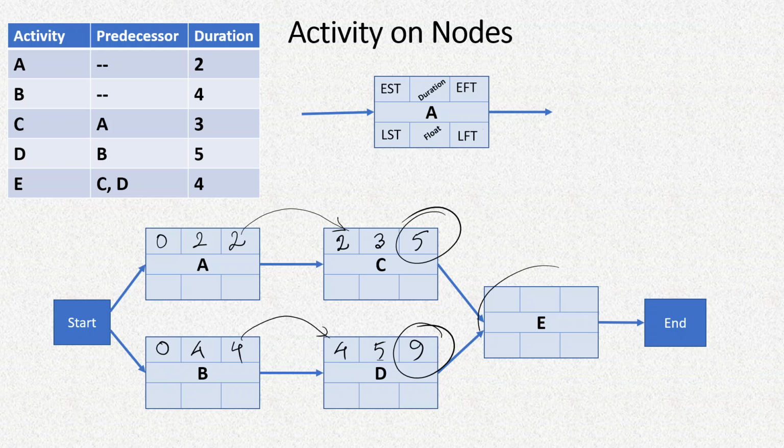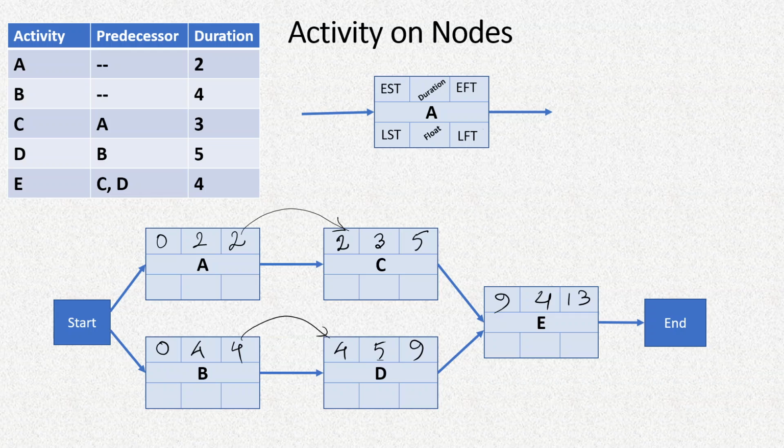That means this activity, which is dependent on both of them, can only be started after the 9th day. That means when both of these are completed. Its own duration, according to the table, is 4 days, and therefore its completion will be on the 13th day. So the forward pass is complete.